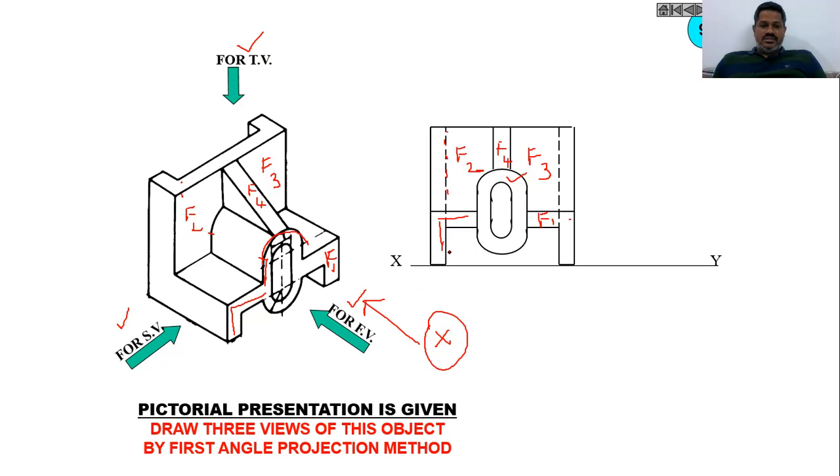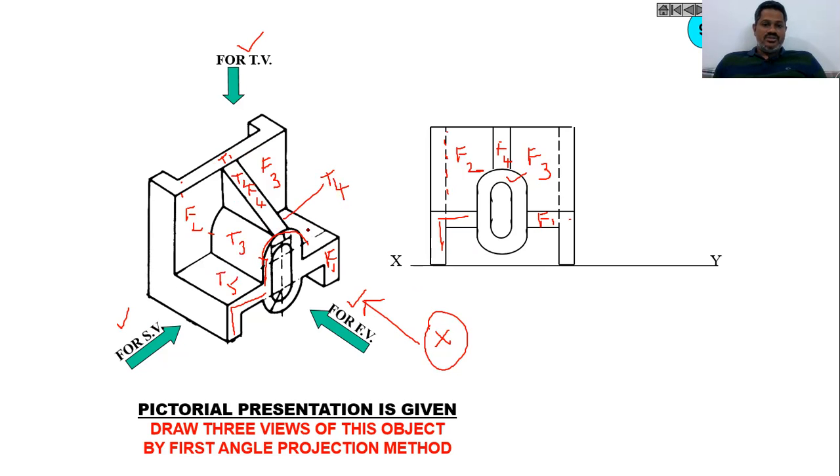Then when you try to draw the side view, before drawing the side view, let me draw the top view first. In top view you will find this face T1, and similarly you can also see T2, and you can find this face T3, and on the back side also you have one face, this is T4, and similarly you can find T5 here.